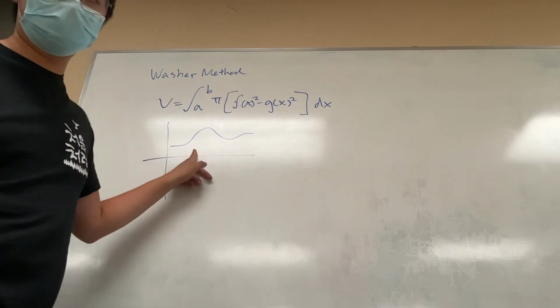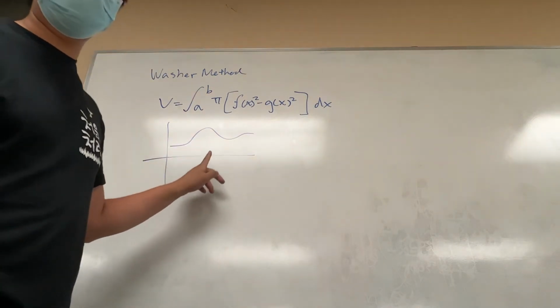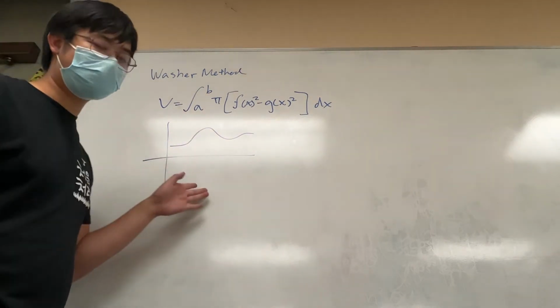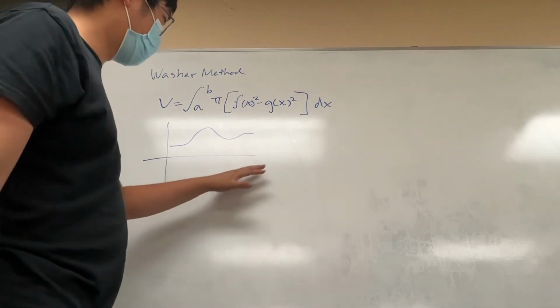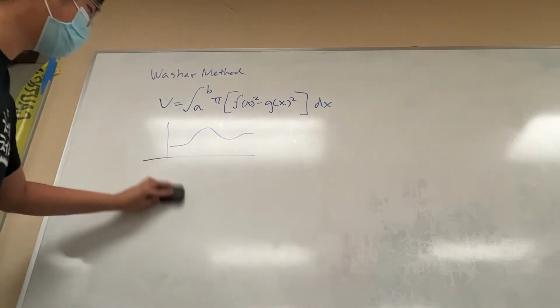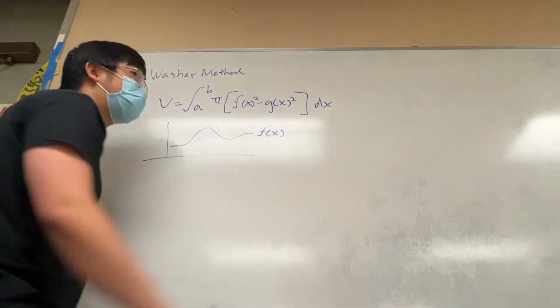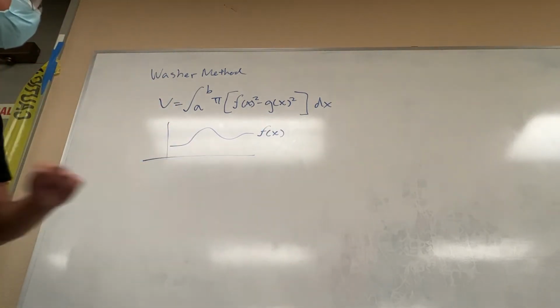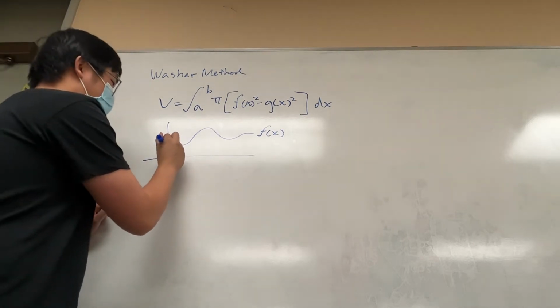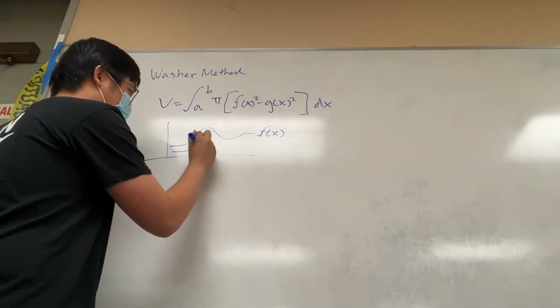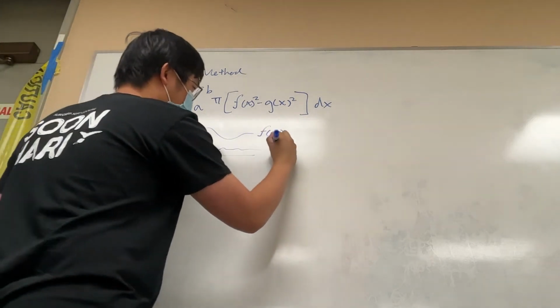We have no clue what this is. There's probably no reasonable way to express this graph, but for the purpose in mind, we'll call this function f of x. And now let's assume there's a second function inside of this function. We'll call this g of x.